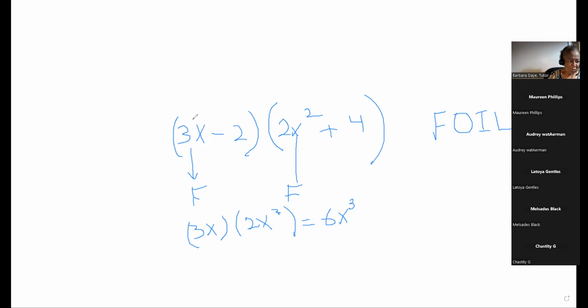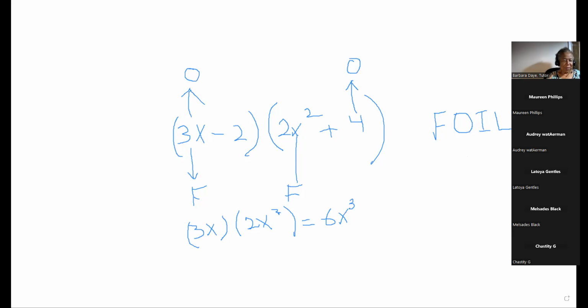That's it, 3x times 4. So this is an outer, so let me just put this here, that's an O. The 3x. Okay, don't break up the term now. Chastity, you've got to keep that together. So that's the outer.